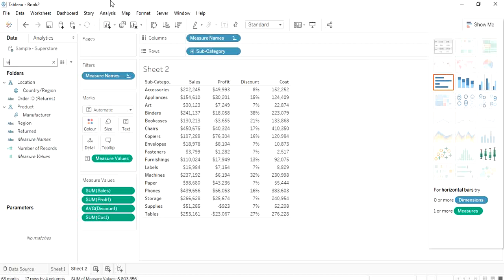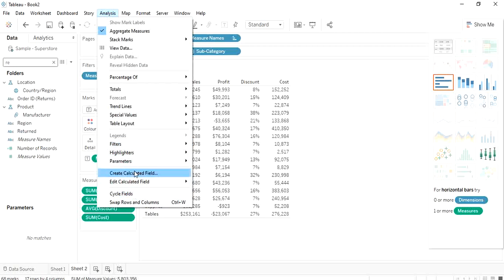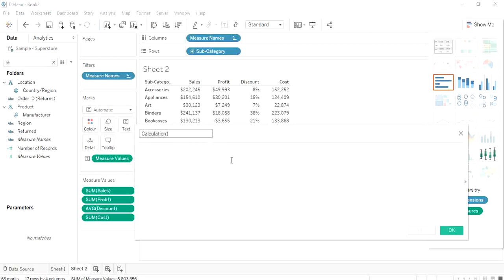Now I'm going to calculate the return percentage, or rather, first, I'm not going by the percentage, I'm going to calculate the value of sales which was returned.